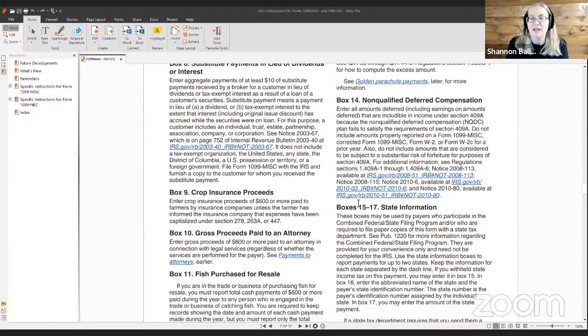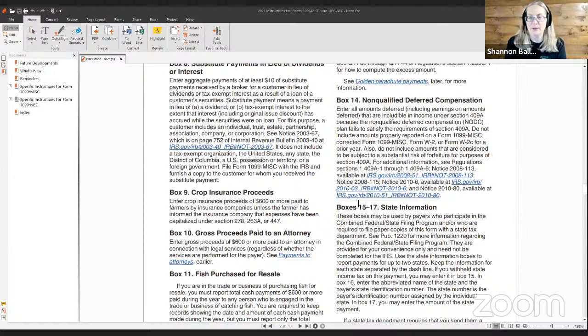Box 14, non-qualified deferred compensation. Enter all amounts deferred, including earnings and amounts deferred that are includable in income under Section 409A because the non-qualified deferred compensation plan fails to satisfy the requirements of Section 409A.